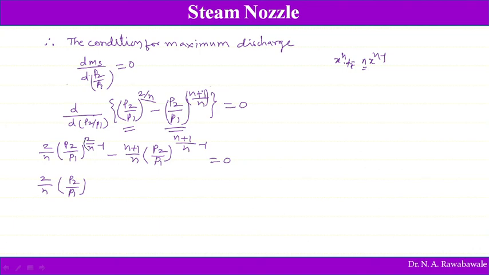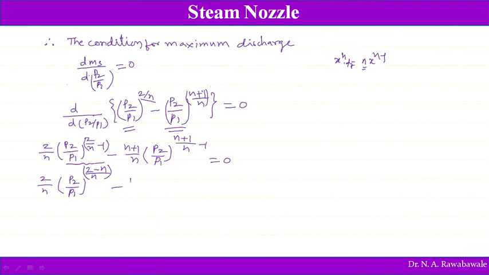So if we simplify this power, n is the LCM, 2 minus n divided by n, we will get this simplification, the power for the first term.